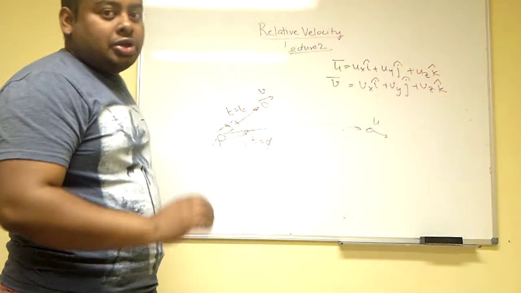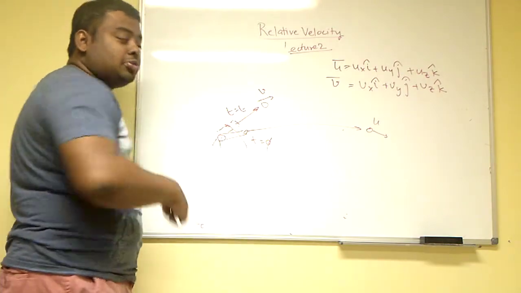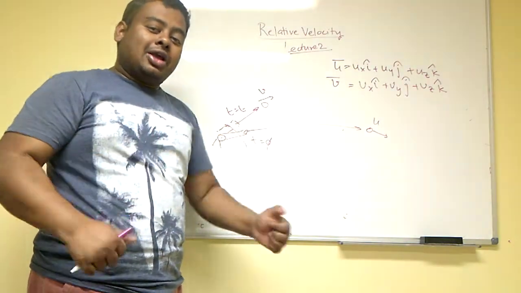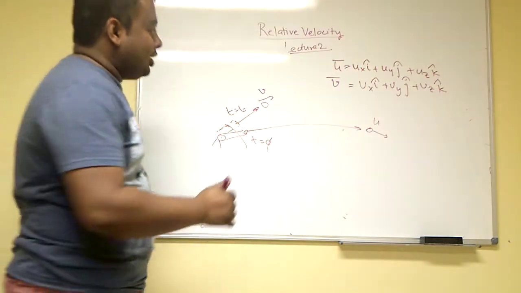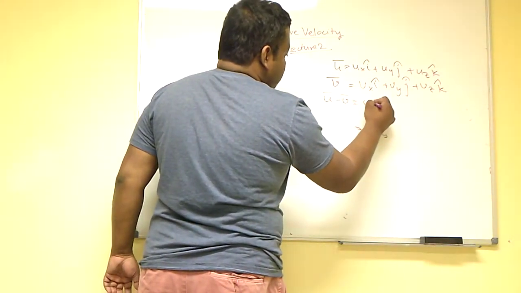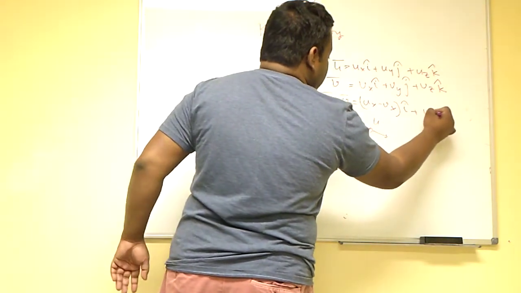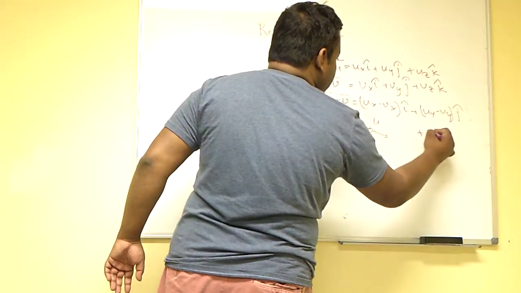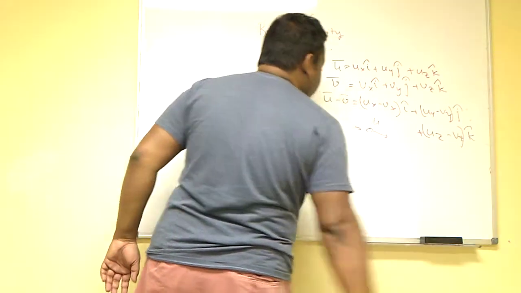And then you just take the difference of one vectorial quantity with respect to another, and I'll prove to you that the velocities will still add in the simple case when my wife and I were going in the opposite direction. So wait for that. If you do this, then the velocity will come out to be ux minus vx i cap plus uy minus vy j cap plus uz minus vz k cap.